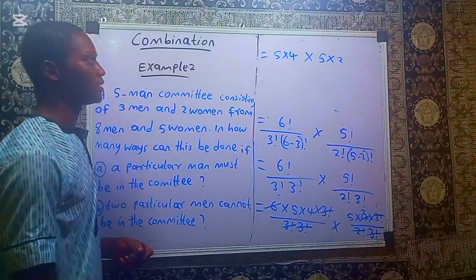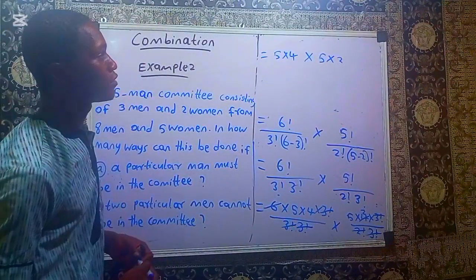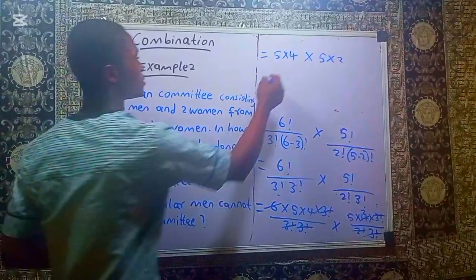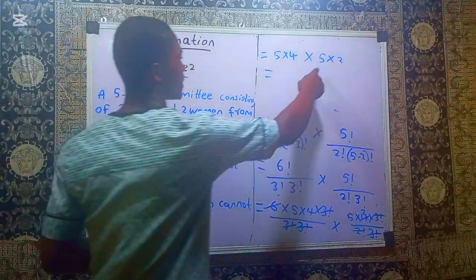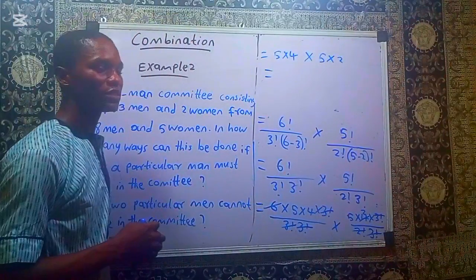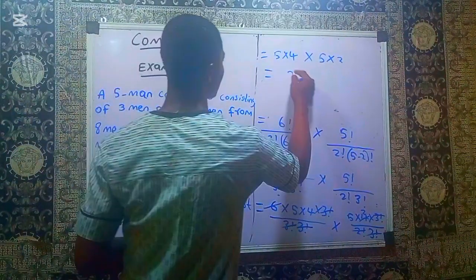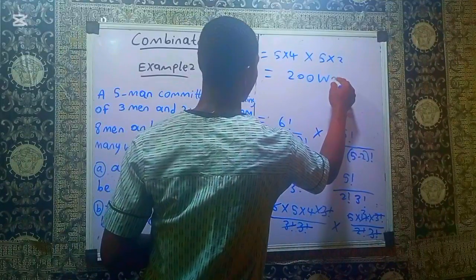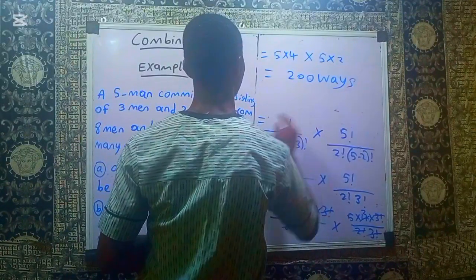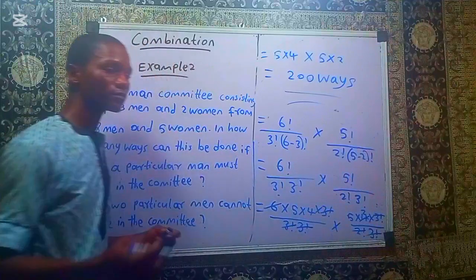So we have this multiplication. So you have 5 times 4 times 5 times 2. So this will give you 5 times 4 is 20 and 5 times 2 is 10. Then you do 20 multiplied by 10. You are going to get 200. So I have 200 ways of doing the selection.